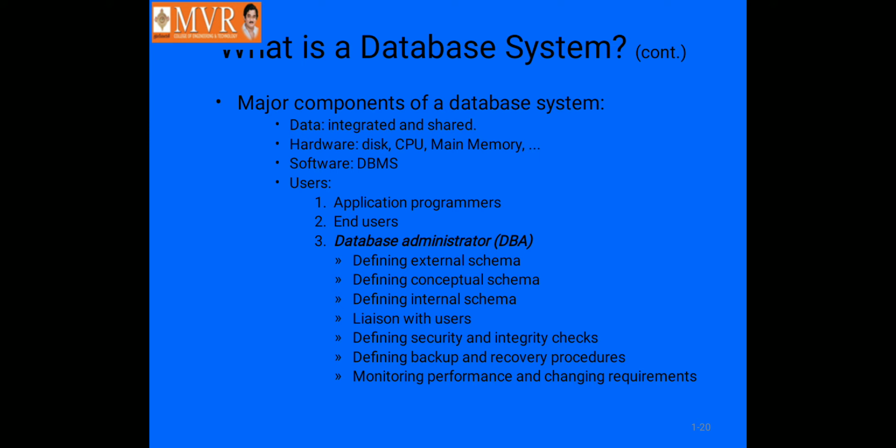The DBA's work includes defining external schema, conceptual schema and internal schema, liaison with the users, defining security and integrity checks, defining backup and recovery procedures, monitoring performance and changing requirements. We already discussed this in the previous classes. What does database administration do? What is the need of a database administrator?